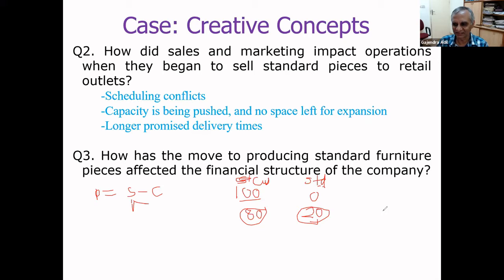But even if the cost doesn't change, it will be redistributed and total cost will remain the same. Revenue has reduced, so your profit will reduce. Just making this point clear: because the margins of standard are less than the margins of customized, if you use the same capacity for both, you're likely to have less profit. So this part I was just trying to make clear. Okay.